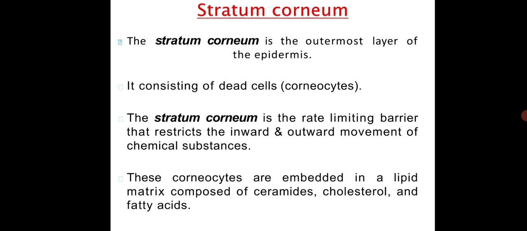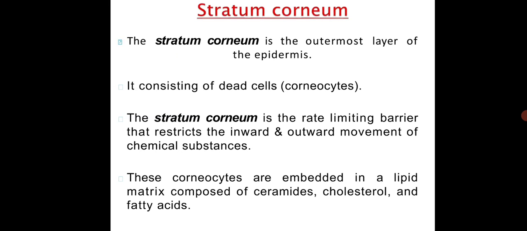We will discuss the stratum corneum. It is the most outer layer of the epidermis, and it is made up of those corneocytes, which are basically dead cells, and it acts as a rate limiting barrier.